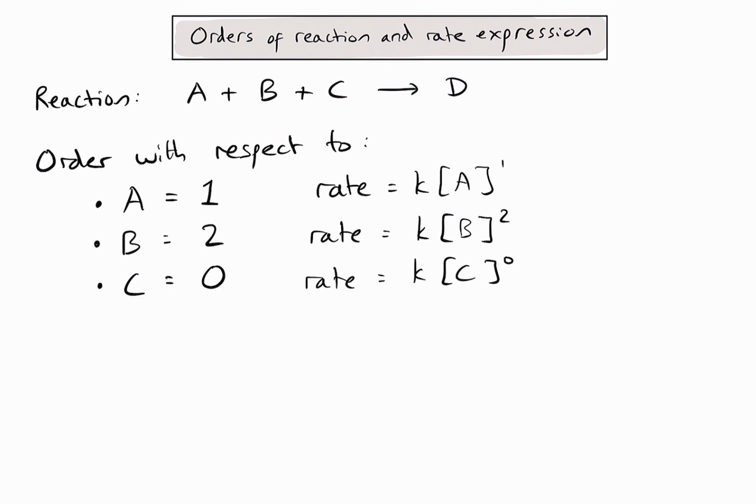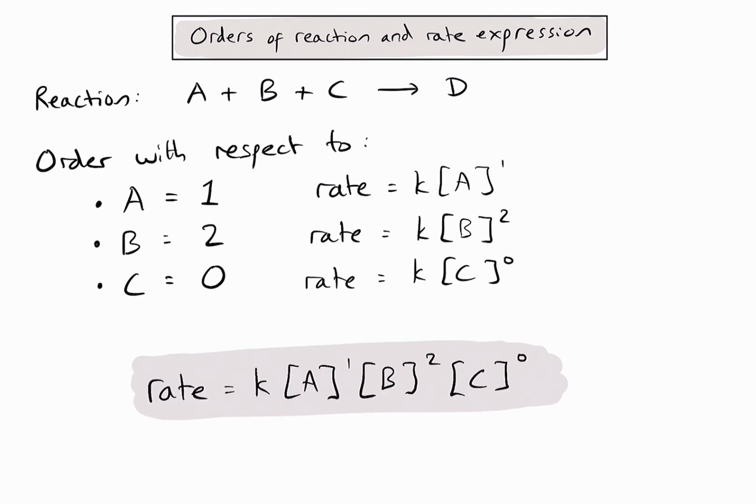I can now combine these three rate expressions, referring to each of my reactants, in one overall rate expression for my reaction. It's going to look something like this. Because the concentration of C to the power of 0 will always be 1, we might actually remove that from the rate expression because it doesn't change anything. And the exponent of 1 next to the concentration of A also could be removed because it is simply the concentration of A.